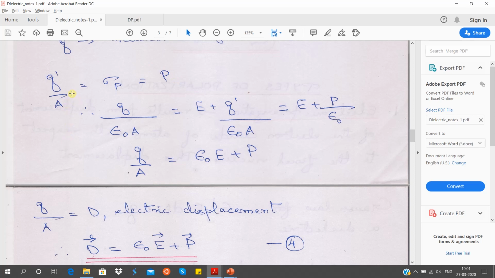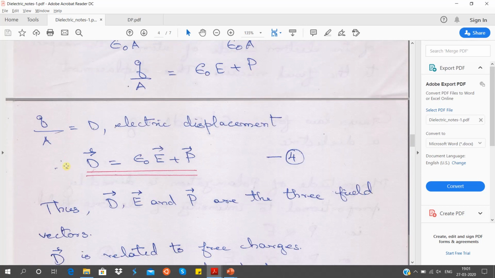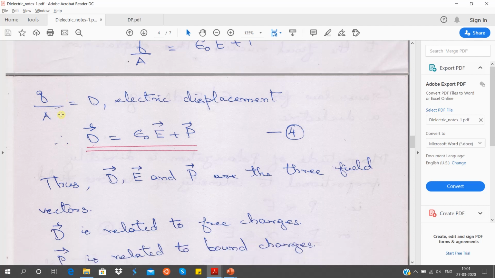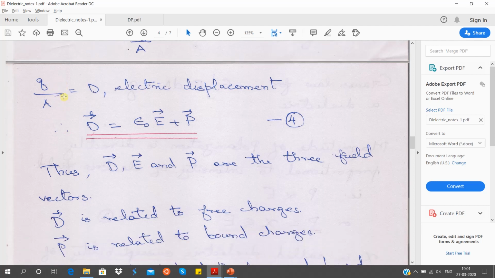If I try to find the net dipole moment per unit volume for free charges, I will get the surface charge density of free charges as sigma D. So electric displacement refers to the surface charge density of free charges, or the net dipole moment due to the free charges in unit volume of the material.